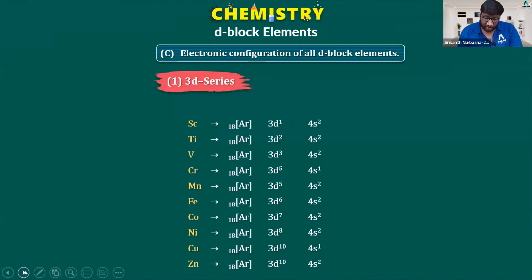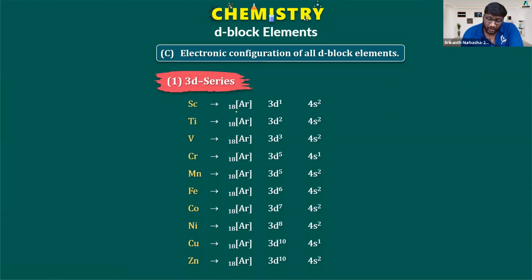In the 3d series, scandium, argon 3d1 4s2, titanium, argon 3d2 4s2, vanadium, argon 3d3 4s2, chromium you have an exception. Manganese, iron, cobalt, nickel, copper, you again have an exception. Why do these exceptions arise? Can anyone say?